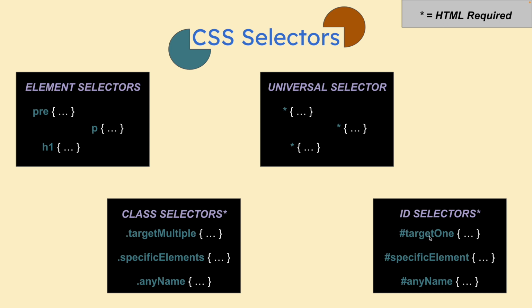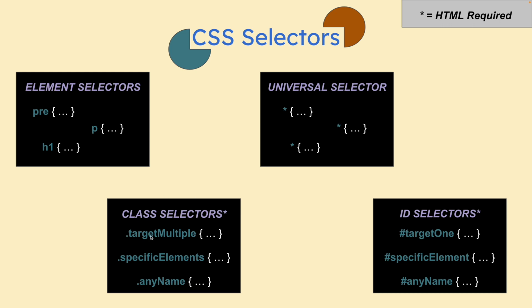ID selectors target one specific element. There's only one ID. It's got to be unique, and you can't have it anywhere else on the page. You can only use it for one single element one time and target just that element with a lot of specificity. And that term will come back around several times, specificity. It's an important topic in CSS.